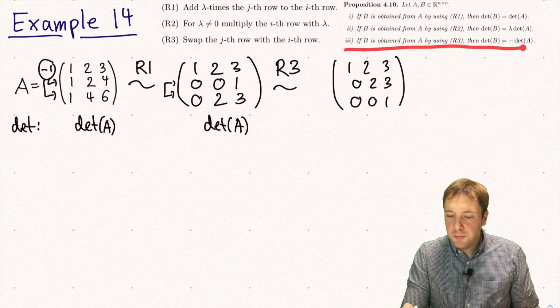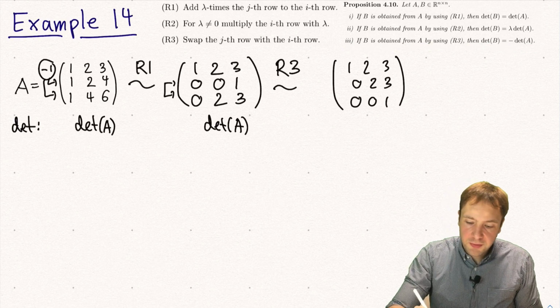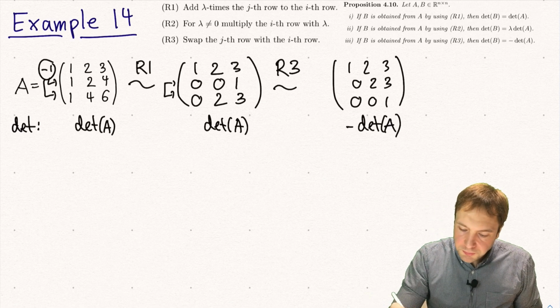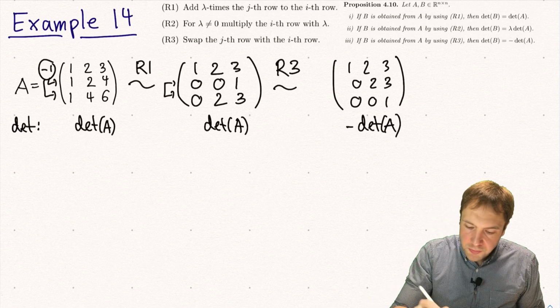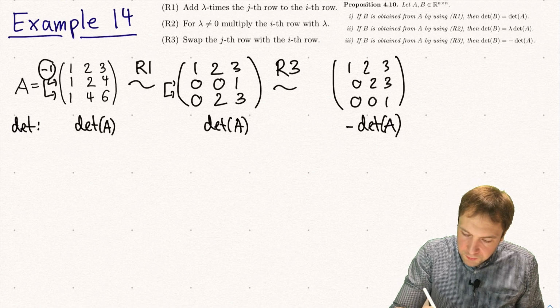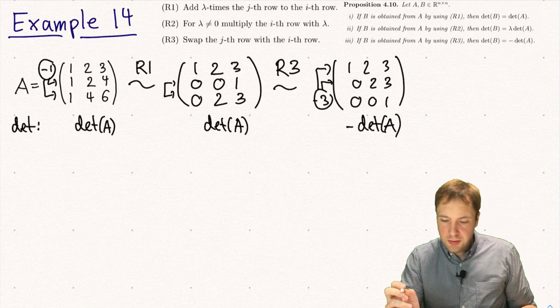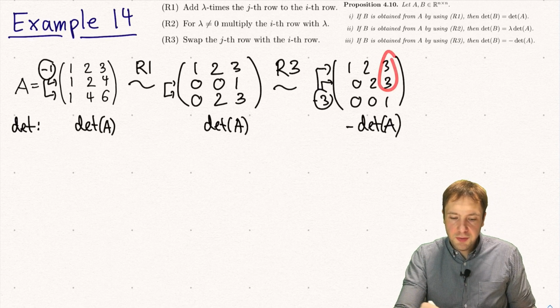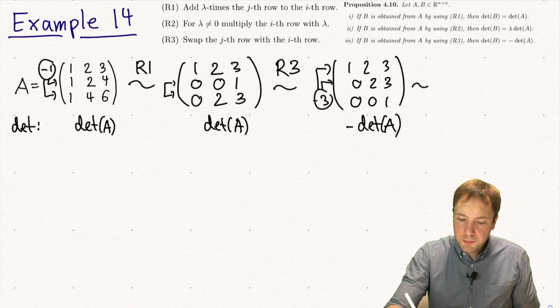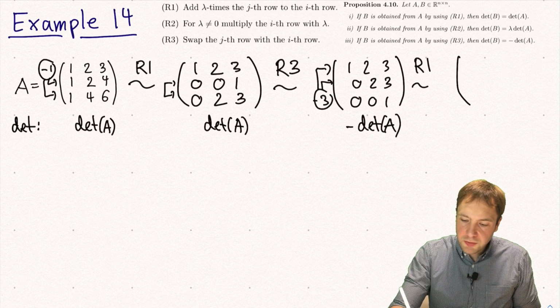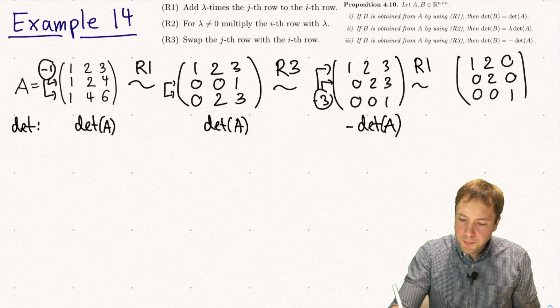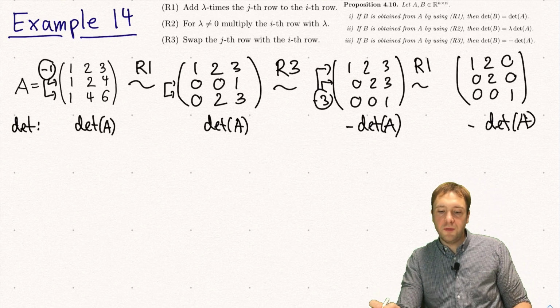And since we used R3, the determinant gets a minus sign, so this now has determinant minus A. And what we want to do now is add minus 3 times this one here to remove these 3's. But this is again R1, so we don't change the determinant. So it's 0 here, 0, 0, 0, 1. So it's still minus the determinant of A.